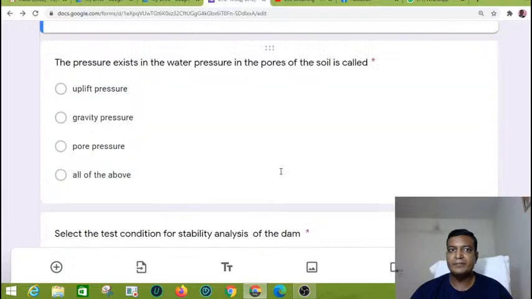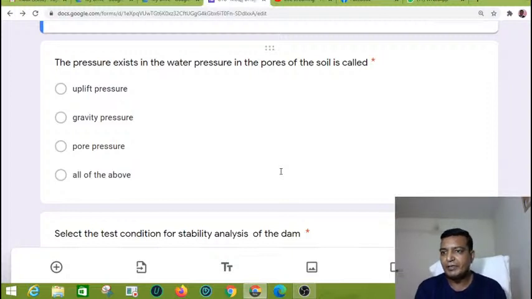Next, pressure exists in the water. Pressure in the pores of the soil is called: uplift pressure, gravity pressure, pore pressure, or all of the above.